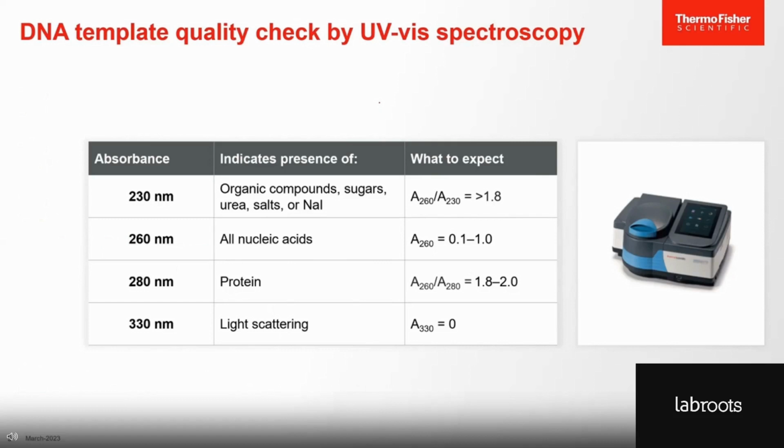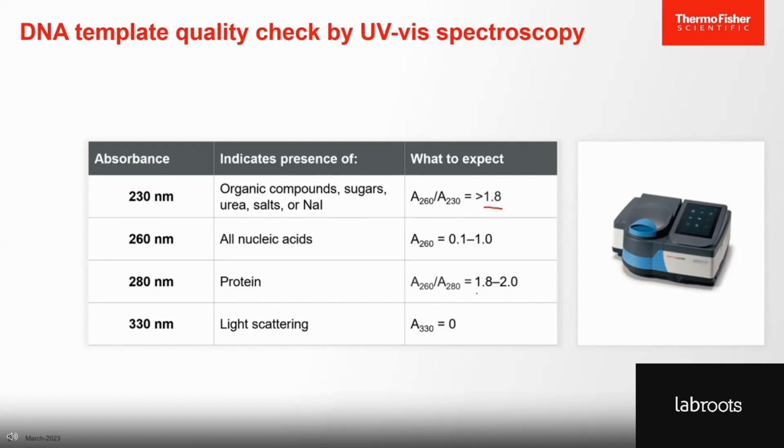When quantifying the template amount, measuring the absorption at 260 nanometers is a common practice. However, it's also recommended to measure a few more wavelengths to assess the quality of the template and check for any contaminants. Checking the absorption at 230 nanometers is important, and if the absorption 260 to 230 ratio is less than 1.8, that indicates contamination with organic compounds, sugar, or salts.